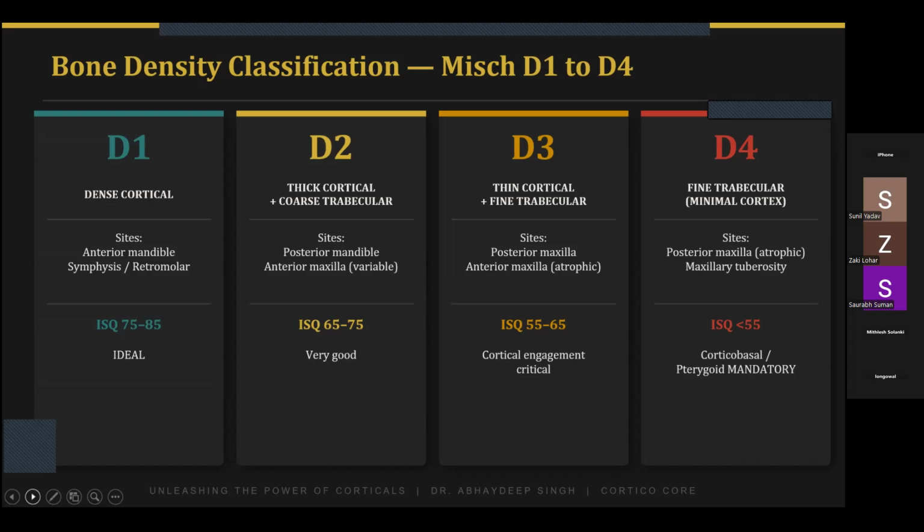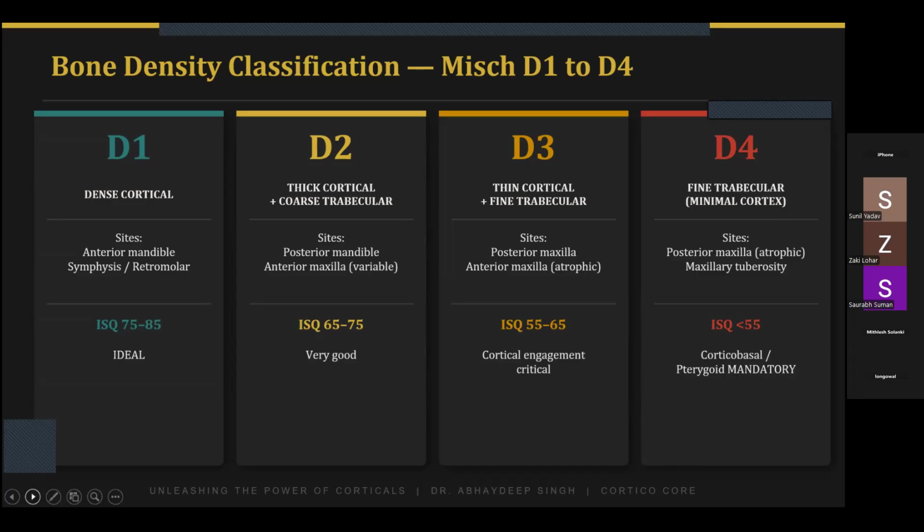You need not perforate anywhere, neither lingually nor buccally nor in the basal bone. You just need to land inside that dense cortical bone and engage your implant there and you will get excellent primary stability. Your ISQ value is going to go beyond 80, 90, 100, maybe 110.